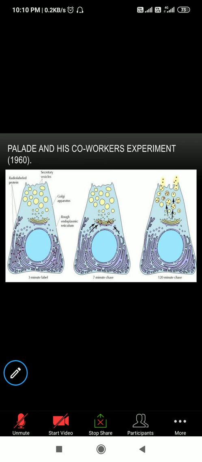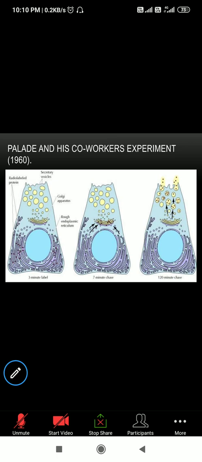Then from the rough ER they go to the Golgi bodies, where they get further modified. Then from the Golgi bodies these proteins are secreted outside the cell. Later on, it was further investigated that not only secretory proteins follow this path, but plasma membrane proteins as well as lysosomal proteins also follow the same path.